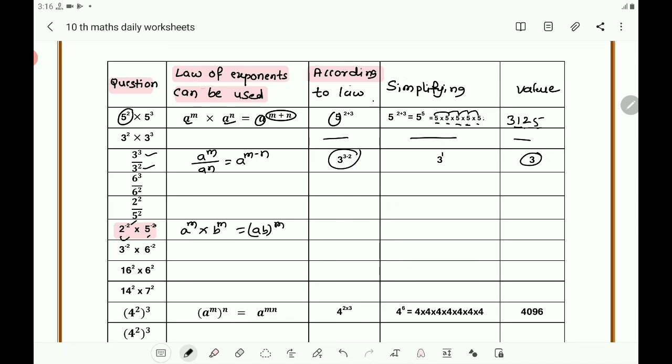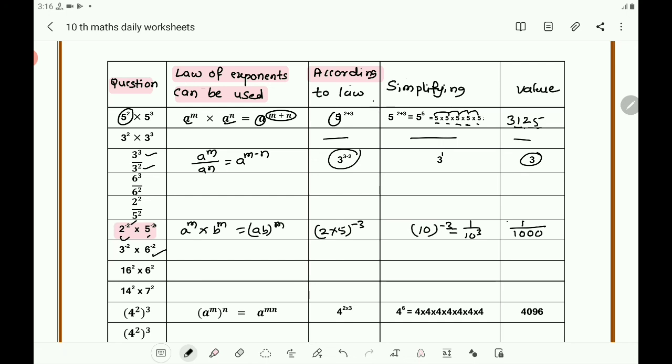So that becomes 2 into 5 whole power minus 2. 2 into 5 is 10, 10 power minus 2, which you can write as 1 by 10 power 2, which is 1 by 10 into 10, that is 1 by 100.